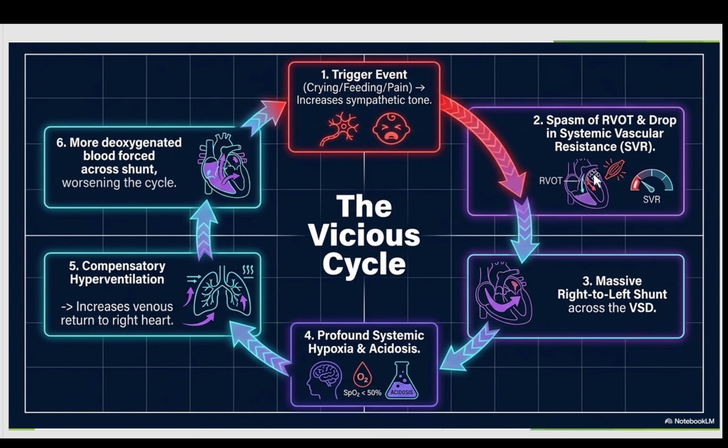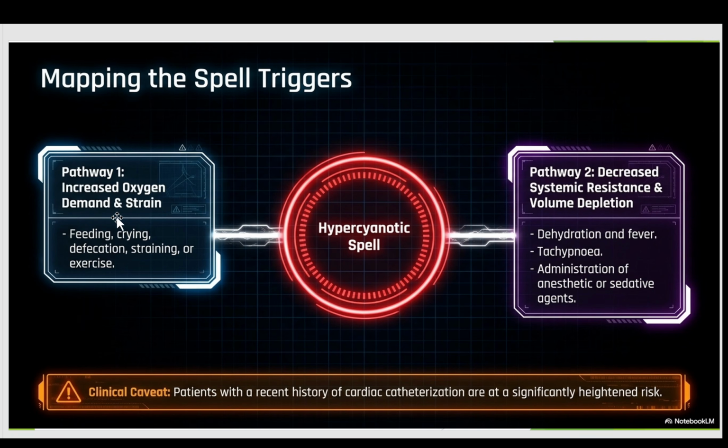This is a very important question asked in viva or theory exams. You can summarize that there can be triggers of increased oxygen demand and strenuous activities like crying, exercise, straining on defecation, and feeding. Or there could be a metabolic load on the body by dehydration and fever, and administration of certain agents like anesthetics.